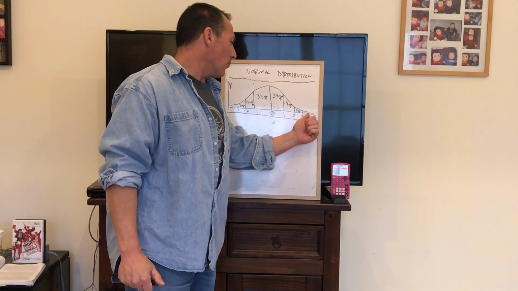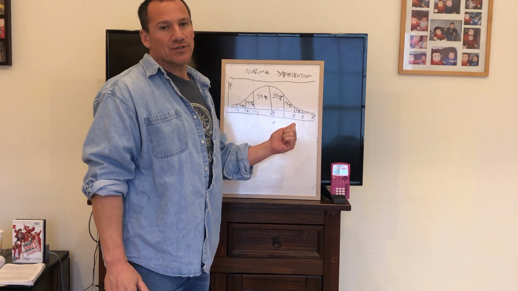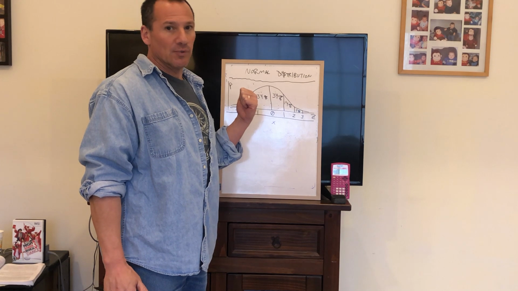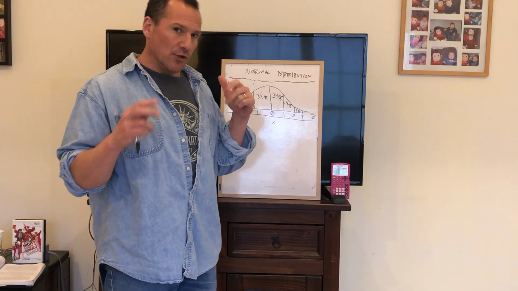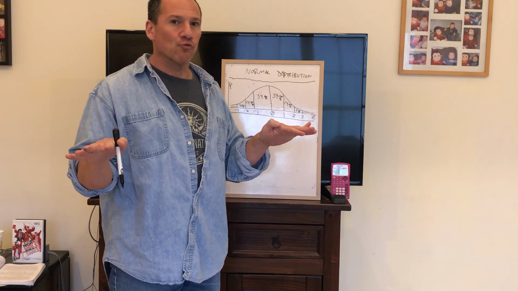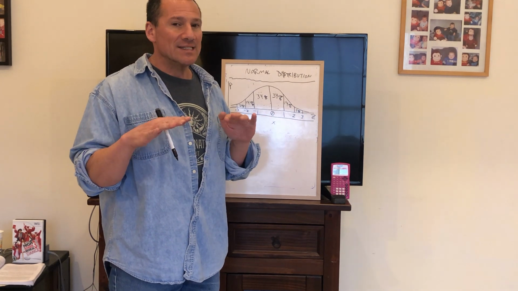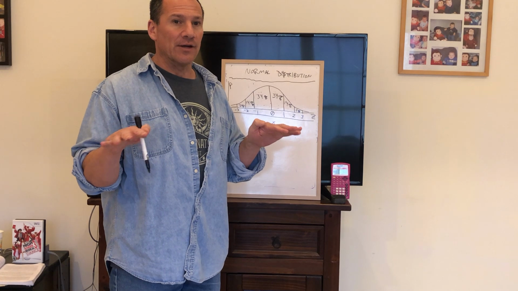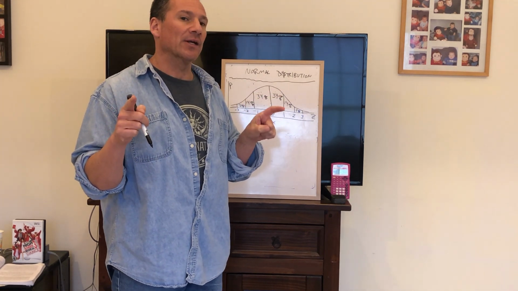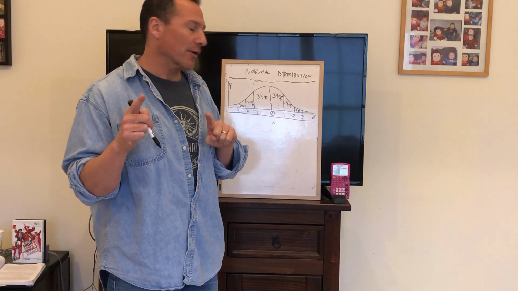Scores that are more than 3 standard deviations above the mean or less than 3 standard deviations below the mean in a real normal distribution are so remarkably rare that it's as if they're impossible. They're not impossible, but they're so unlikely that it's as if they are impossible.